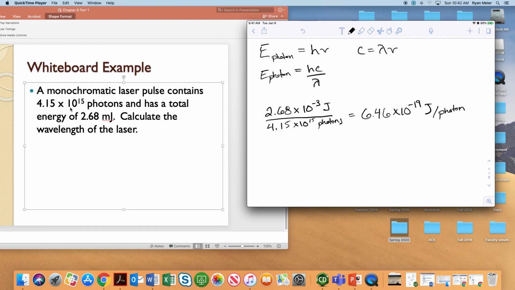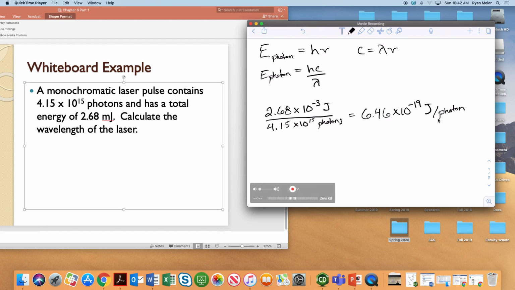And this is the value that we want for our energy for us to be able to use this equation. Now that we have the energy for one photon, we can come to this equation. We have an energy. h and c are both just constants, so now we can solve this for lambda.